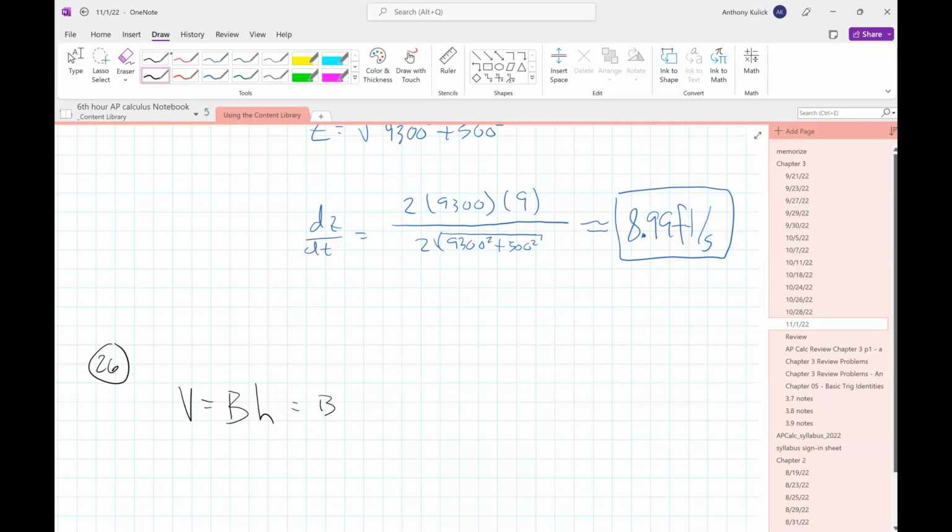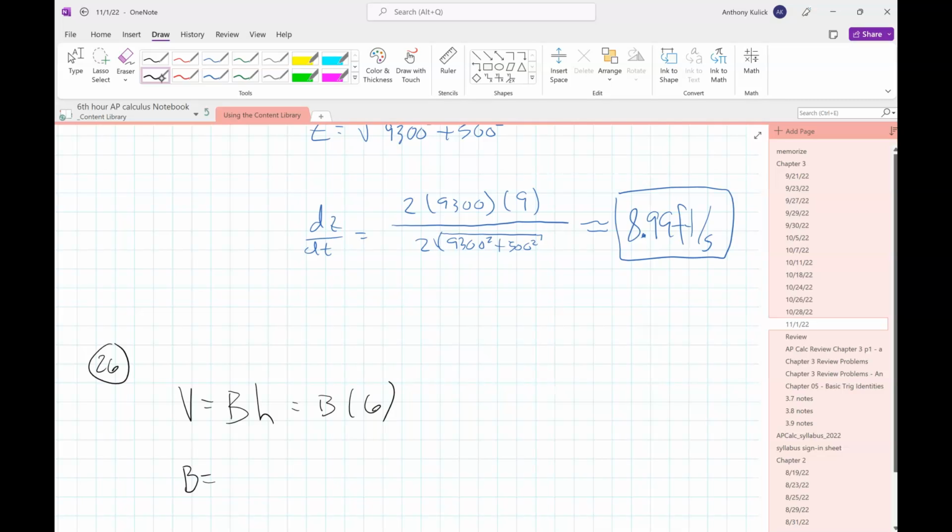So that part is a constant. What I'm going to have to do is figure out the area for this base. How am I going to do that? Well, I see a triangle plus a rectangle plus another triangle.